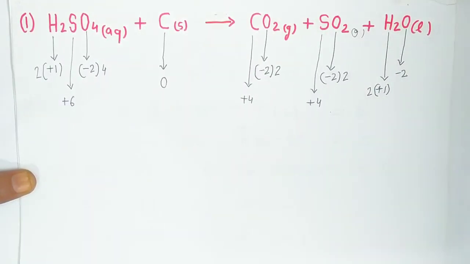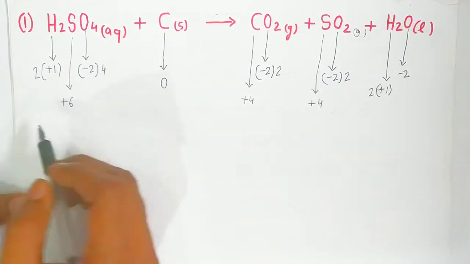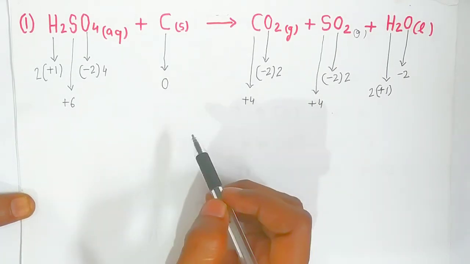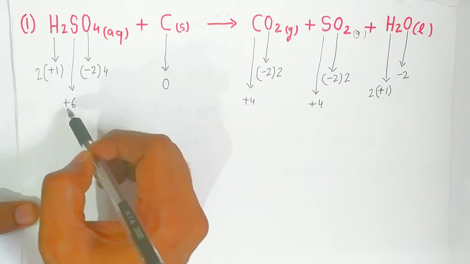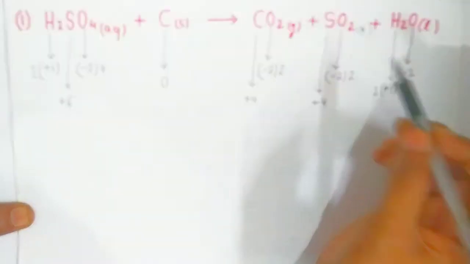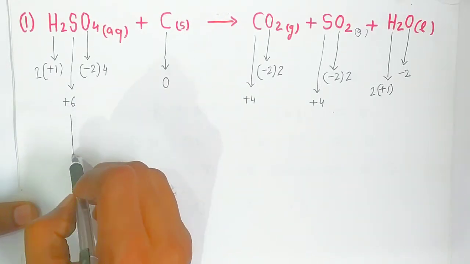Once you have written the oxidation numbers, your second step is to see where the oxidation number increases and where it decreases. When you see, on the reactant side there is +6 sulfur, and sulfur on the product side; the oxidation number decreases from reactant to product.